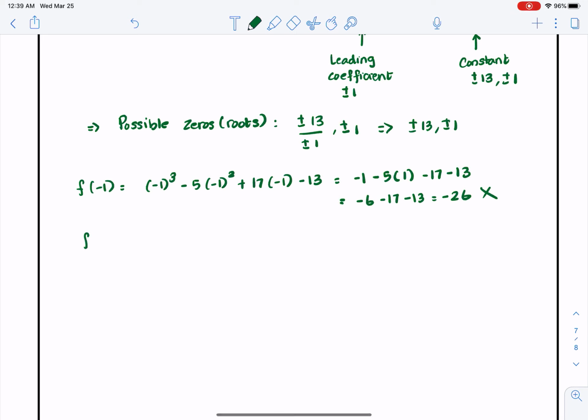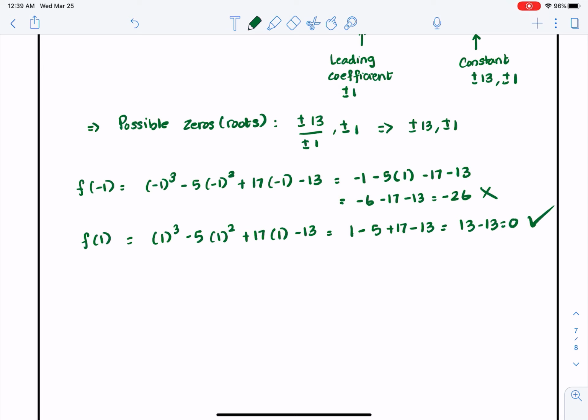Let's try positive 1. 1 cubed minus 5 times 1 squared plus 17 times 1 minus 13, which is 1 minus 5 plus 17 minus 13. 17 minus 5 is 12, 12 plus 1 is 13, 13 minus 13 is 0, so we found our first zero.